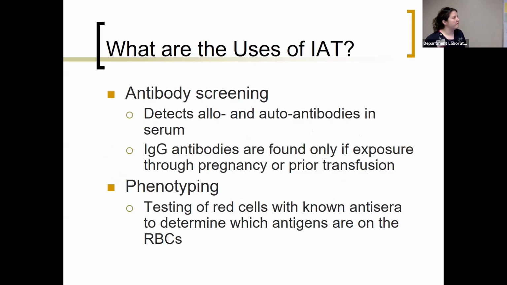So what are the uses of the IAT? I mentioned antibody screening. Every patient, before they can be transfused, must have an IAT, okay? And the reason for that is that IAT detects any unexpected allo IgG antibodies, and then also any autoantibodies as well.